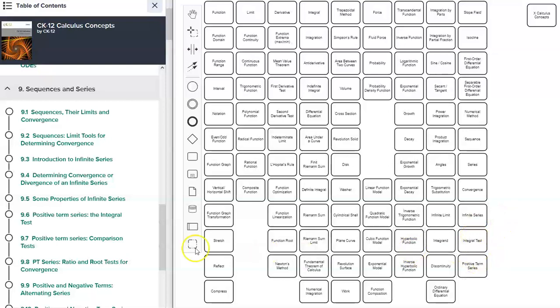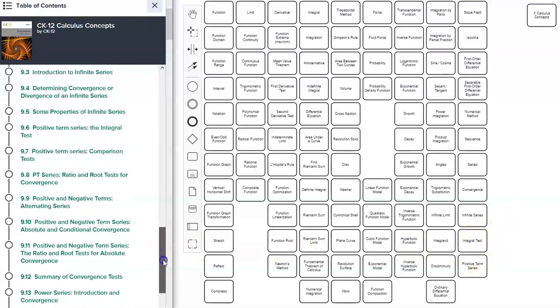Another type of series. Now they're saying there's the integral test and the comparison test. So that's good to know. There's two tests here. One to compare and one to, I don't know, integrate possibly. PT series, so that must be corresponding to positive term series.